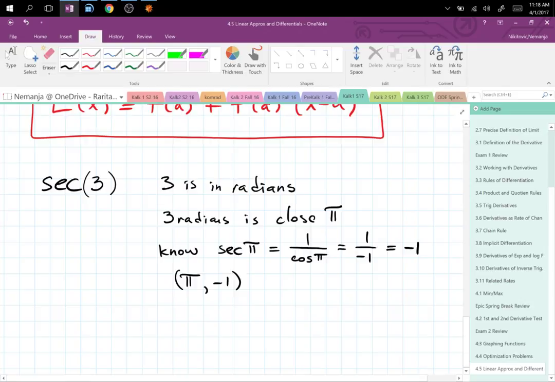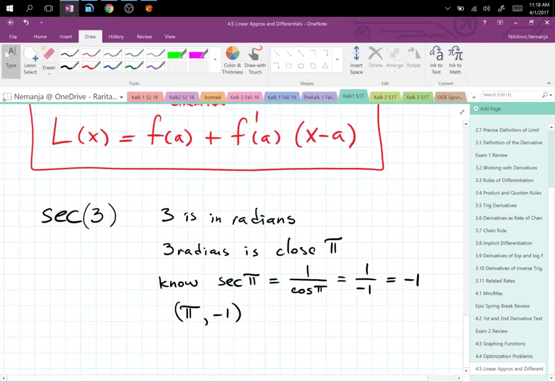So now, to use the formula above, we have that the function f of x is secant x, and a is equal to pi. That's the only thing you need to plug in the equation above.